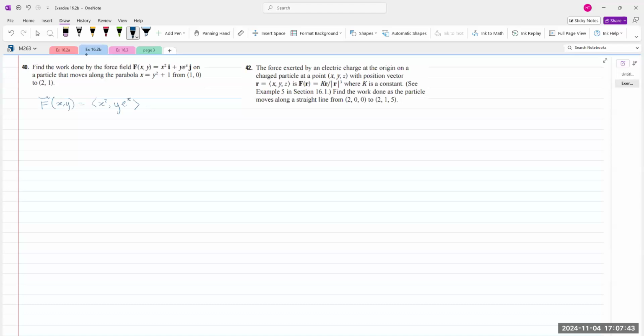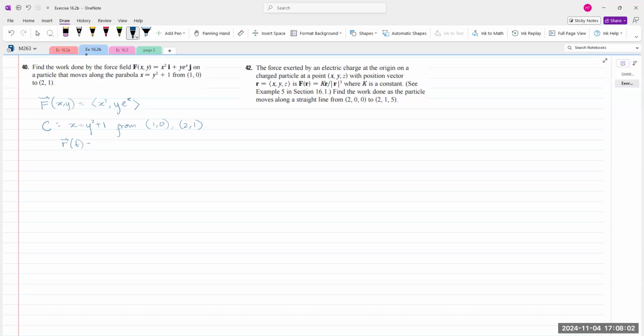on a particle that moves along a parabola C given by x equals y squared plus 1 from (1, 0) to (1, 1). Let's parameterize this. We can use y as the parameterization, right?